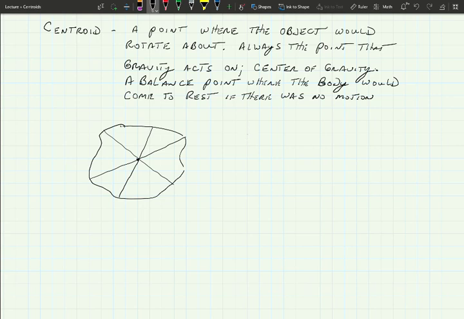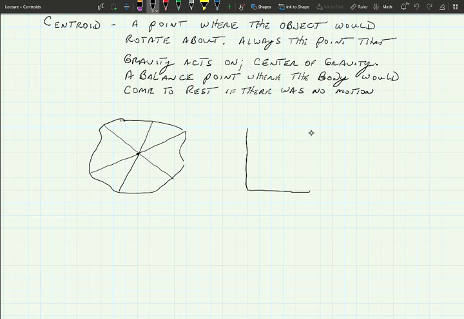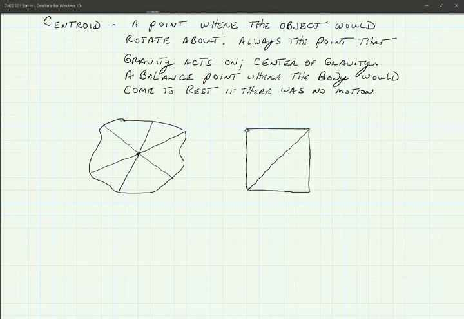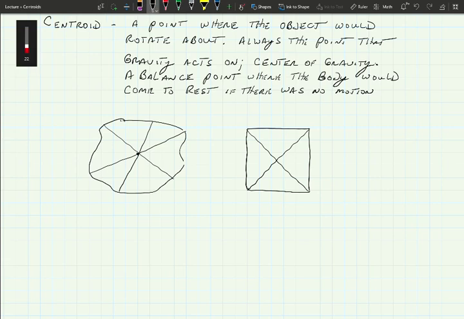It could be as simple as using a square. See, did I draw that right? 1, 2, 3, 4, 5. 1, 2, 3, 4, 5. Yep. Being a square, and we do the diagonals. That's not a diagonal. It's a better one. That would be the centroid.